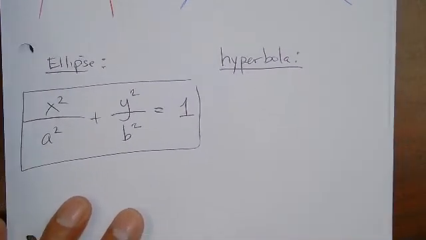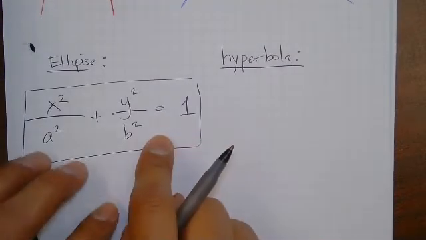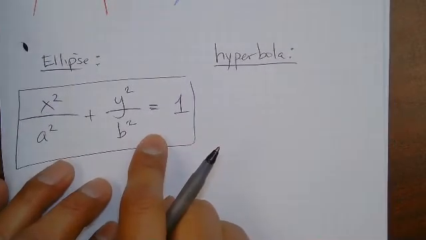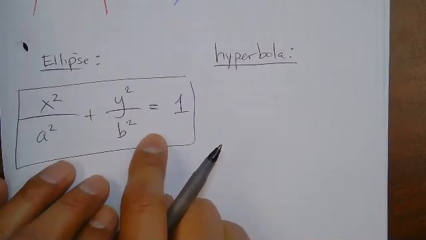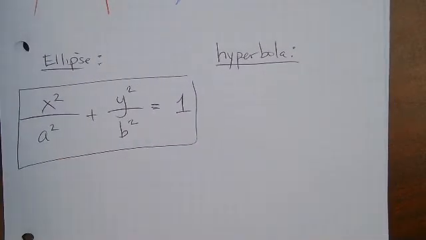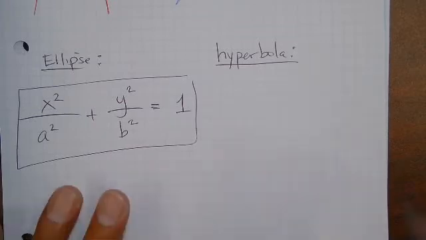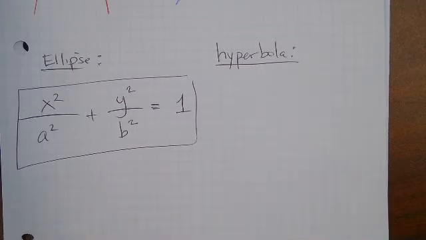The equation for a hyperbola is identical to this, except for one thing. Who can tell me what it is? Who could take a wild guess at the only difference? Everything else is exactly the same. The 1? No, if it's still equal to 1, that's still cool.